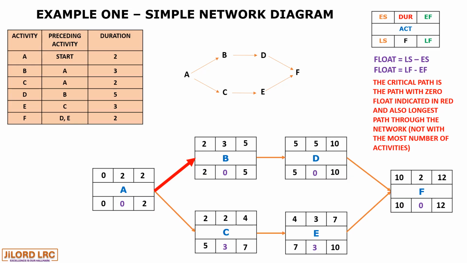In other words, all the activities on this path don't need any interference. We can interfere with activity C and E within 3 days so as not to cause any delay in the completion of the project. So the critical path here is activity A, B, D, and F.